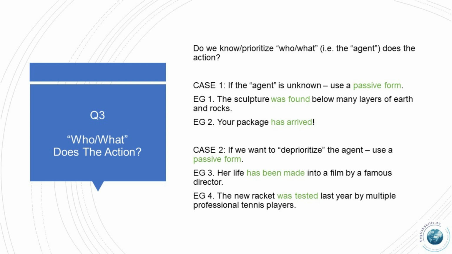It's a good thing to remember when you want to mix up the types of sentence structures in your writing and speaking tasks. Example 4, the new racket was tested last year by multiple professional tennis players. For some reason, the professional tennis players here have been deprioritized, and the new tennis racket is the priority of this sentence, hence it comes first.